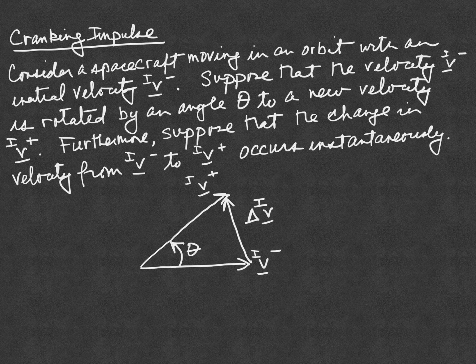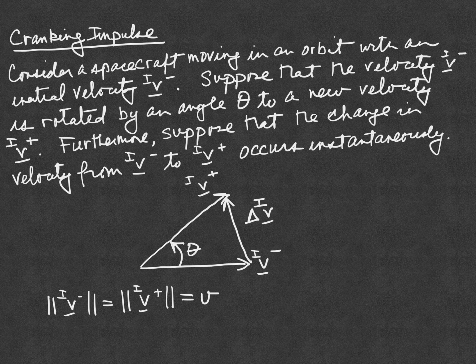Now, because the velocity VI minus is only rotated to VI plus, we have that the magnitude of VI minus is equal to the magnitude of VI plus. And we're going to call that V. And this is only because it's a pure rotation.